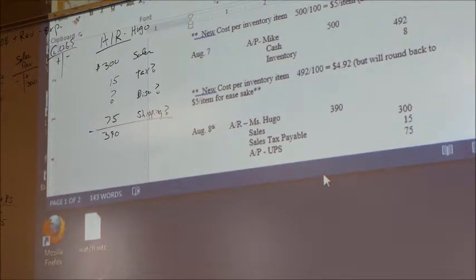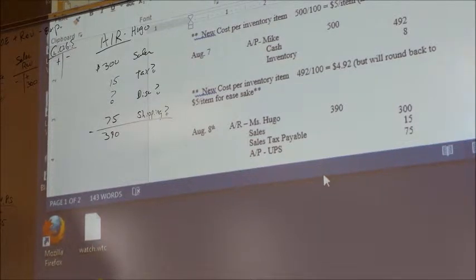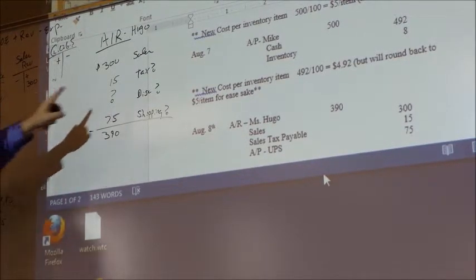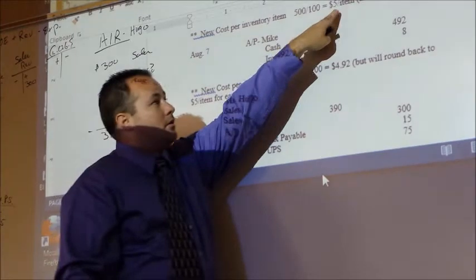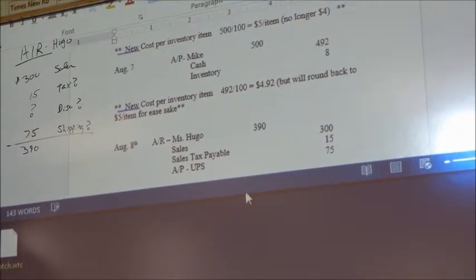I did 300 divided by 2, which is 150, because we marked it up 100%. True. How else could you have gotten that? Just knowing what I have on the board so far. Not if you didn't even do the 100% thing in your head. Yeah, right here. They cost me $5 per item.